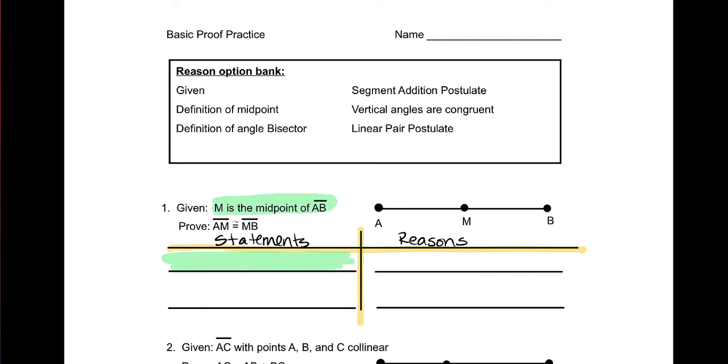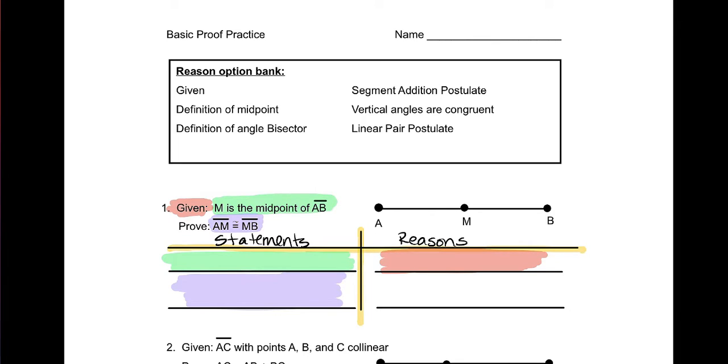So we're going to practice writing that down. The first reason will always be given, because that item was given to you. And the third freebie is the thing that you're trying to prove, so that will always be your last statement. On this page, the last statement is the second one, so it'll always be the second statement.